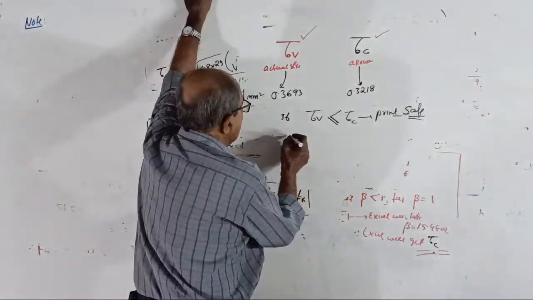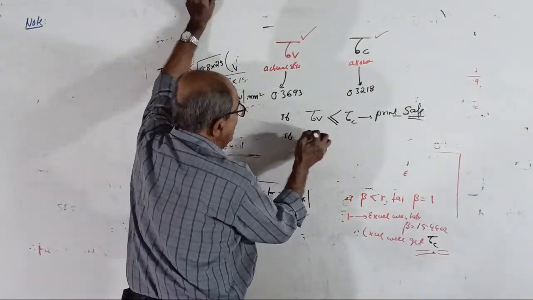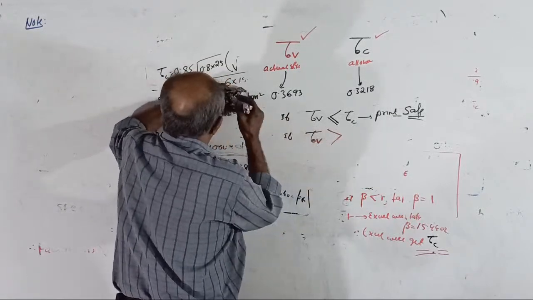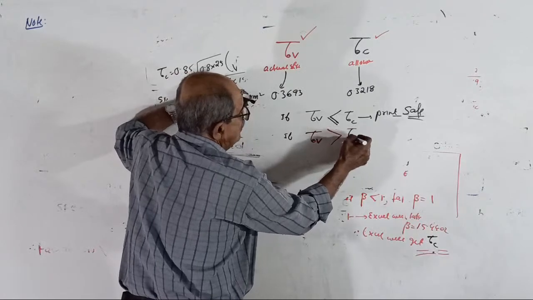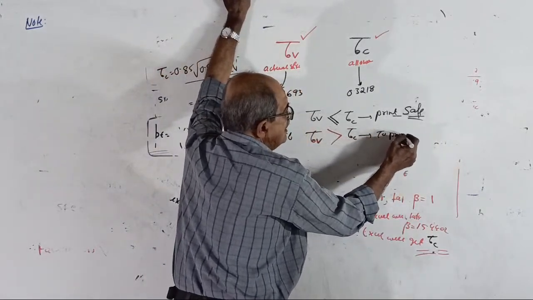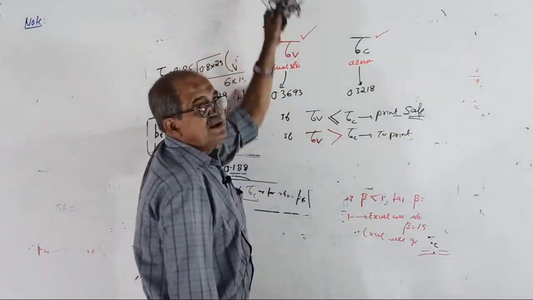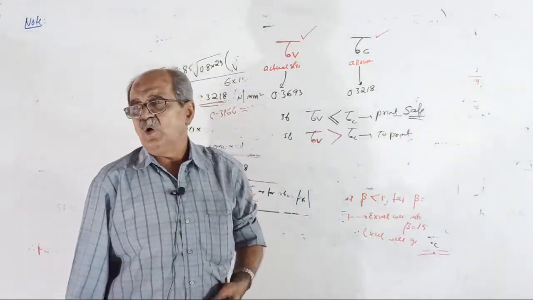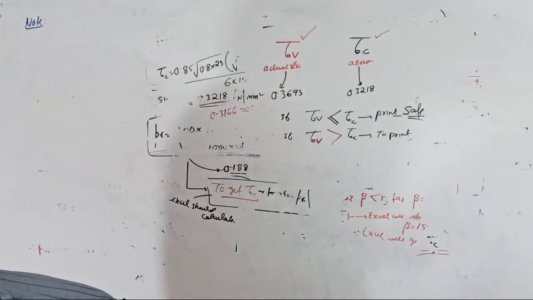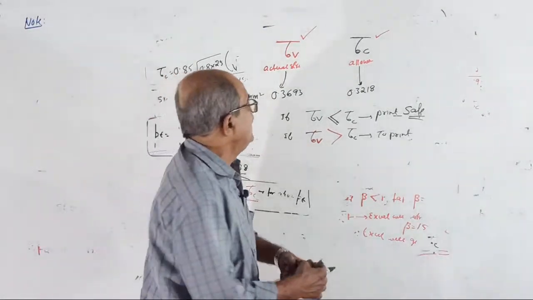But tell the Excel, if the tau e value is more than your tau c value, print what? Tell the Excel to print Not Safe in red color.